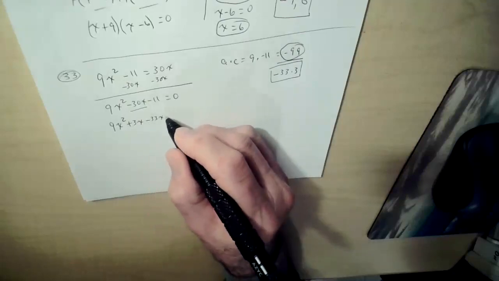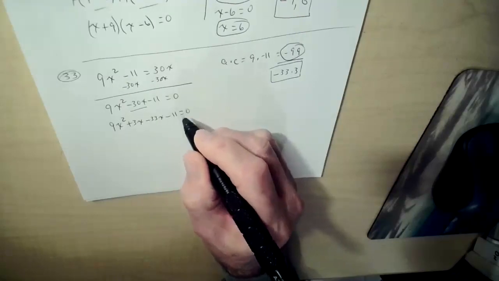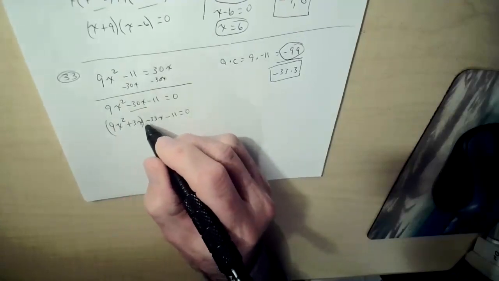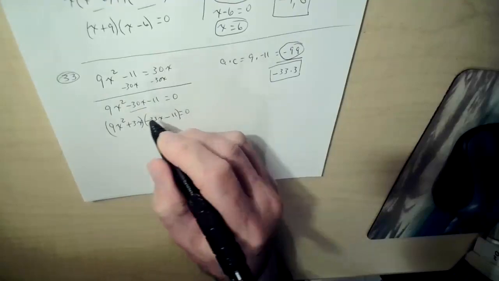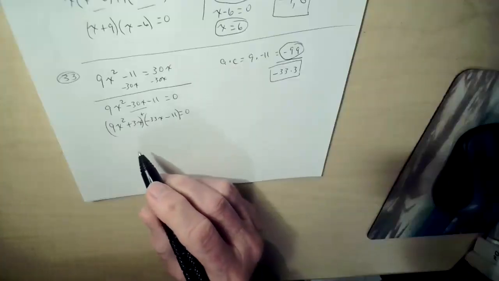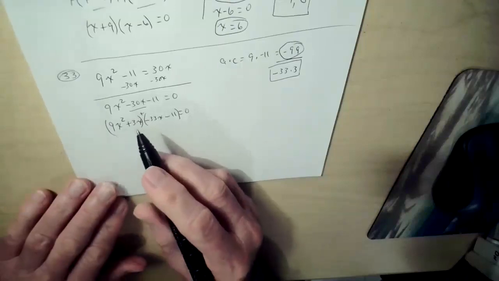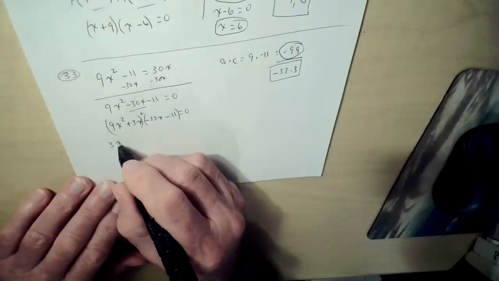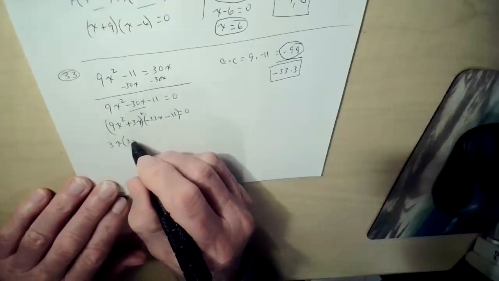I'm going to split the linear term up into these two terms, 3x and negative 33x, minus 11 equals 0. Now we group these together. Remember, there's a plus in here.